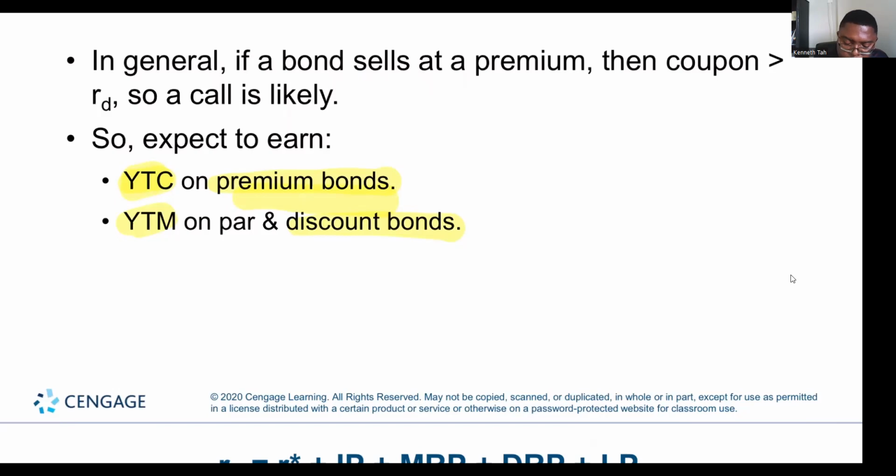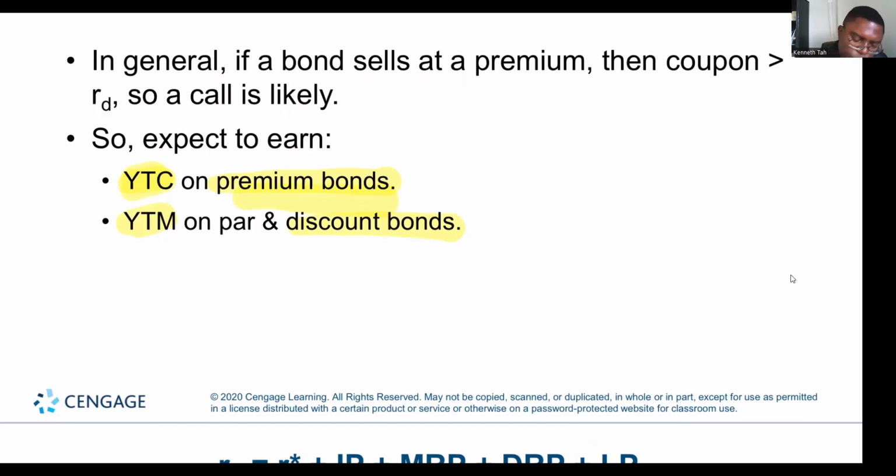So if rates go down, there is no need for the issuer to try to refinance their loan. Because they start from a place where rates are high and rates are going down, so they are better off.